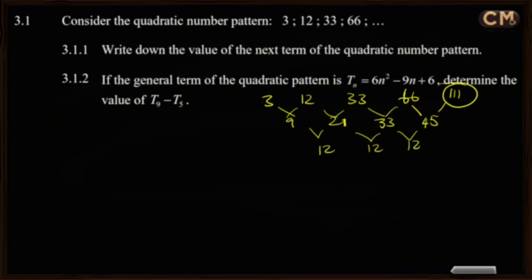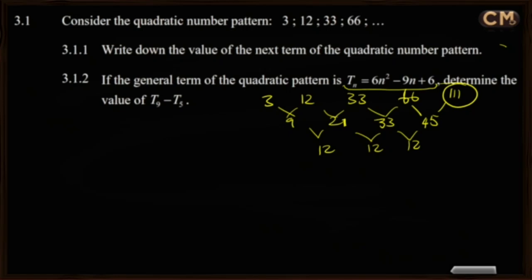There we go. So now that we've fast forwarded through everything over here, that's just throwing up the pattern and getting to that. So if the general term of the quadratic pattern is that, just accept that, determine the value of the 9th term minus the 5th term. So d9 minus d5. The question is, do you know how to do substitution?